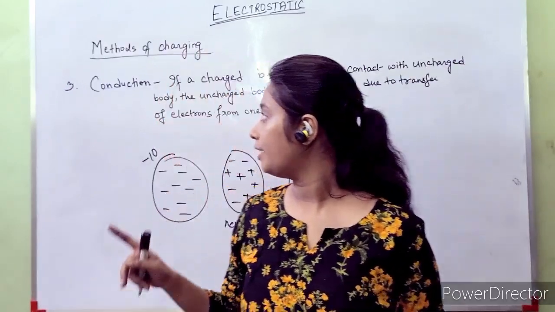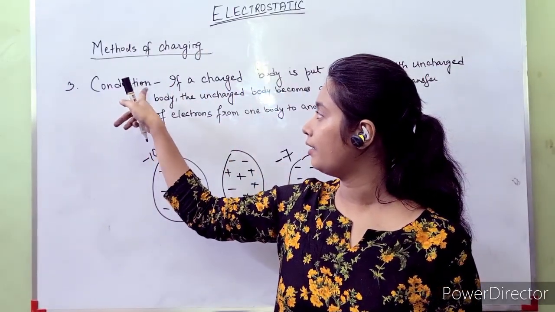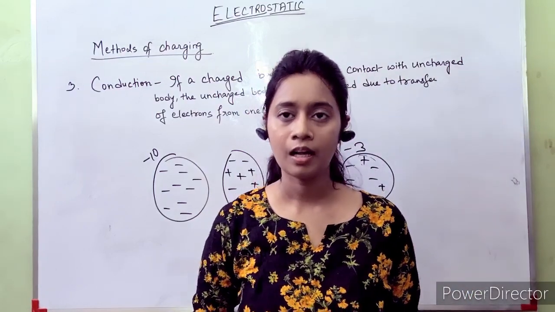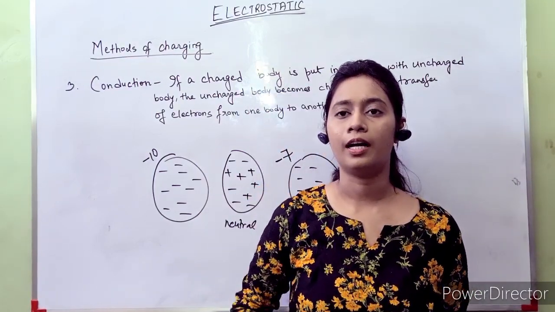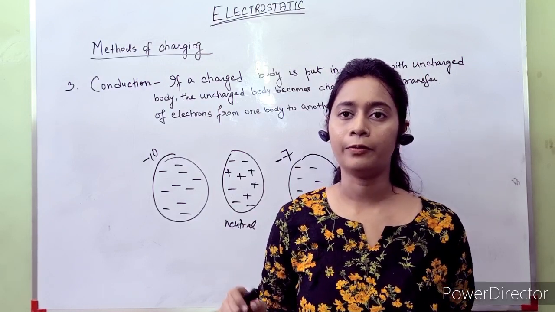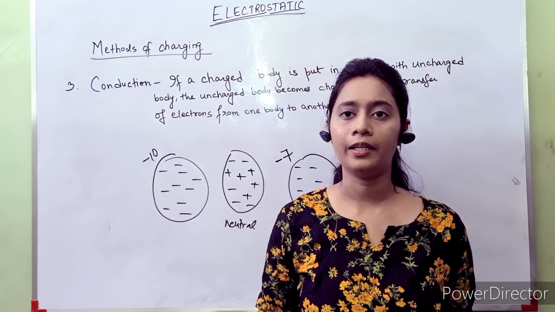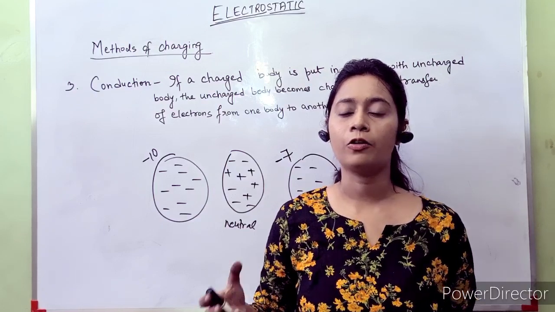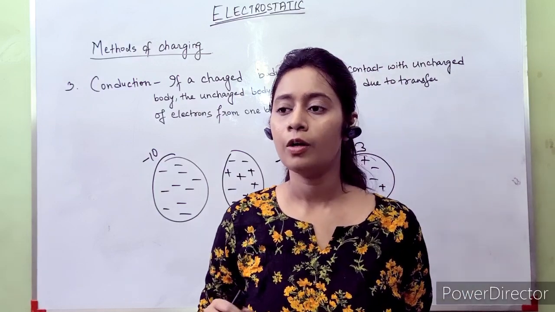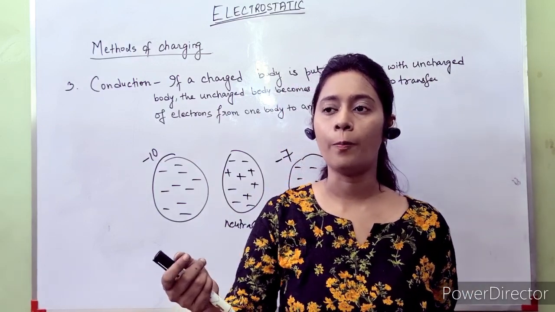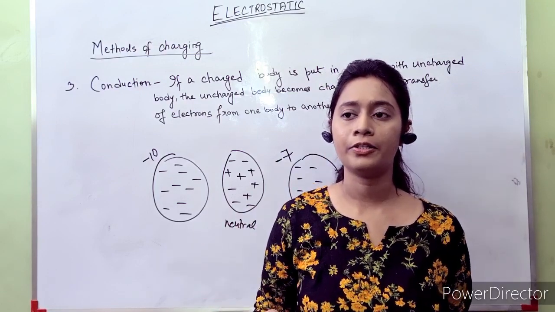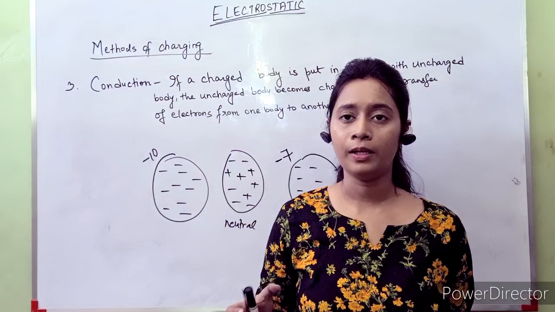Now I can link this conduction with the natural world. Assume that you are walking on a carpet and you are wearing shoes. Due to the friction between the carpet and the shoes, there will be accumulation of charges on your body. Now, when you try to open the door by touching a metal knob, what will happen?